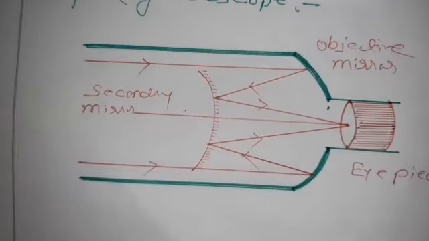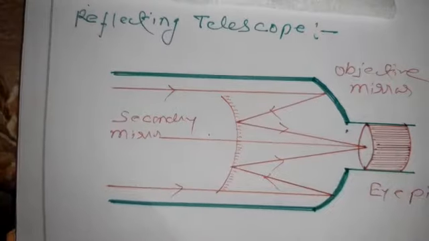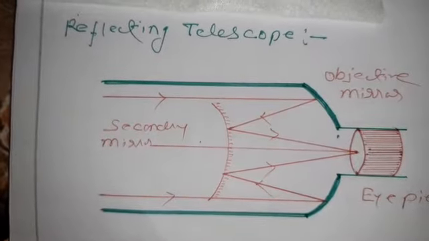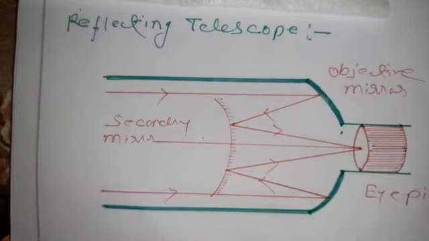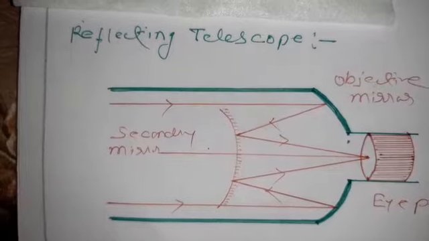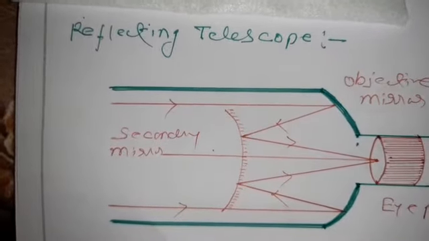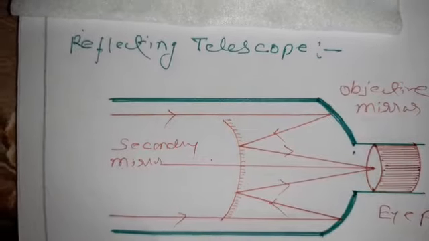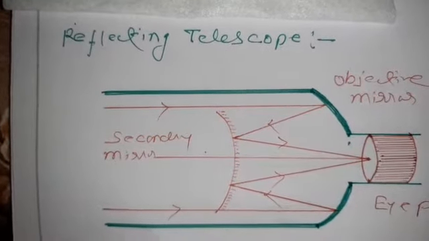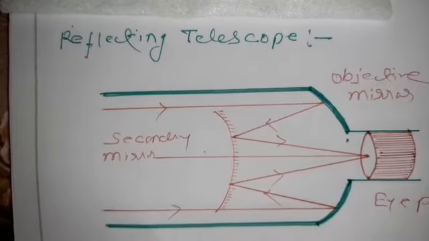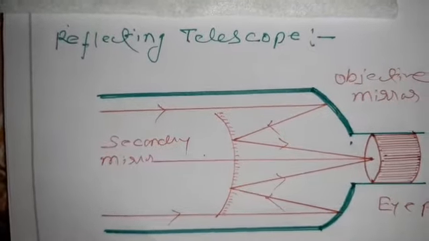In the reflecting telescope, parallel rays from a distant object are intercepted and focused by a reflecting concave mirror rather than a refracting lens.